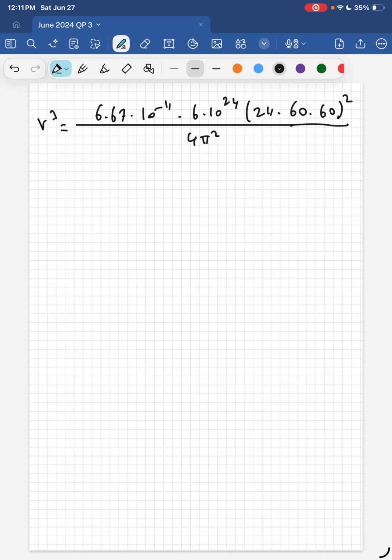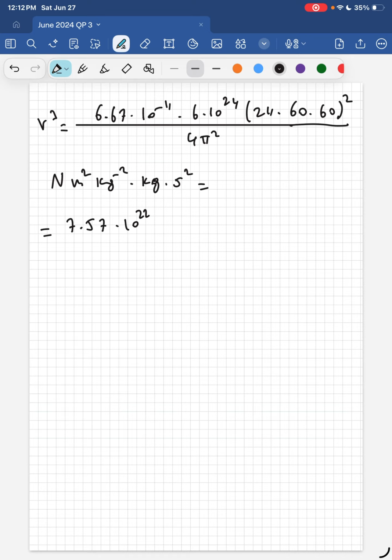And then the units: from G, we have newtons times meter squared, kilograms to the minus 2, and then times kilograms from the mass of the Earth, and then times seconds squared. Okay, so this evaluates to 7.57 times 10 to the 22.